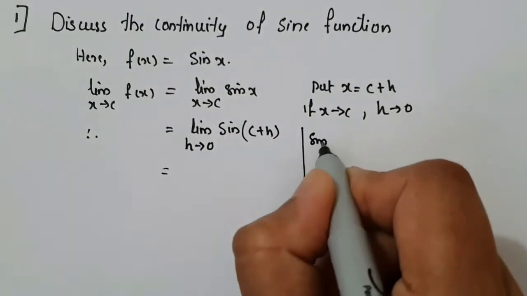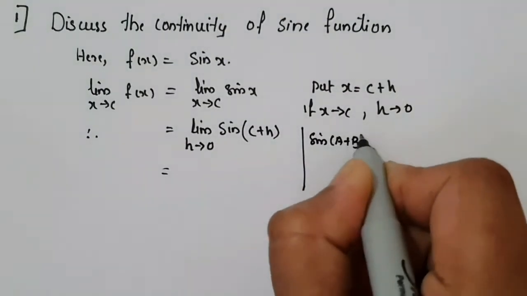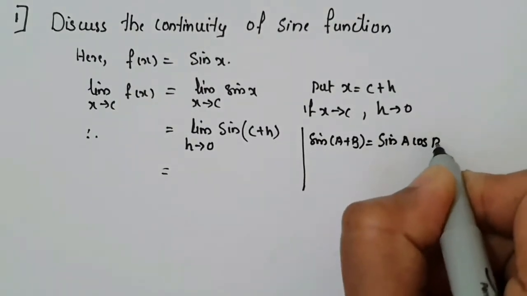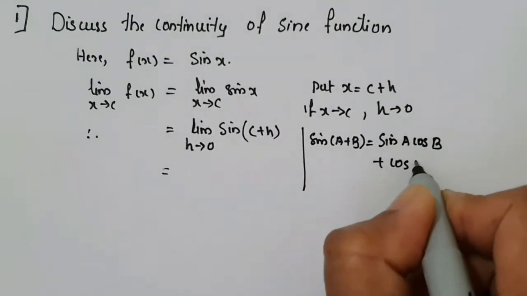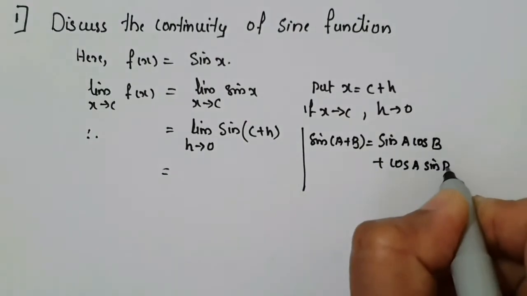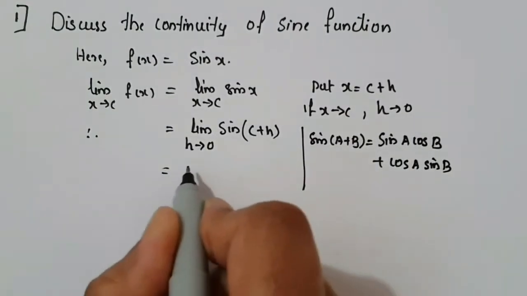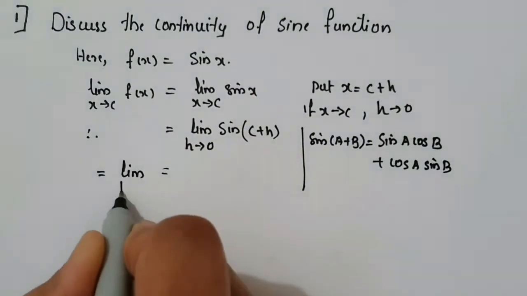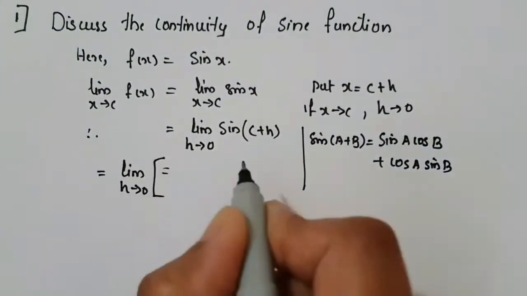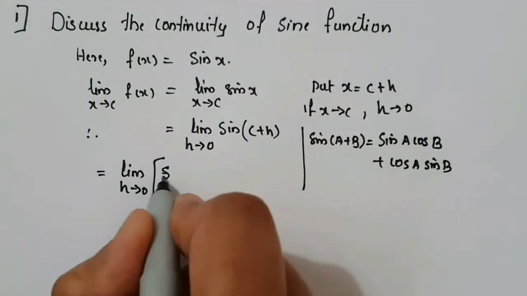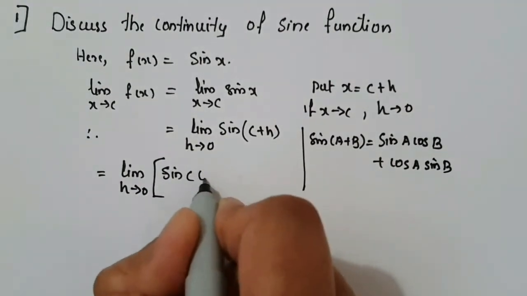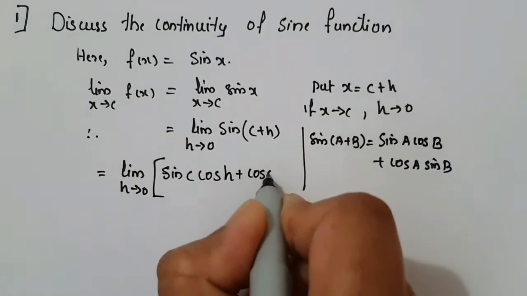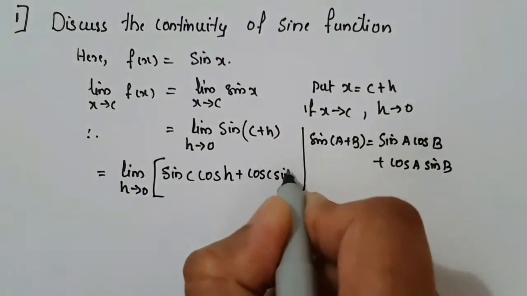We know sine a plus b is equal to sine a cos b plus cos a sine b. So, this is equal to limit h tends to 0. Now, expand this. So, sine c cos h plus cos c sine h.